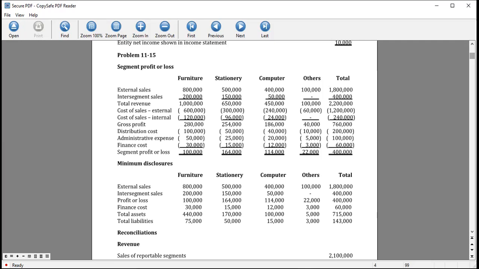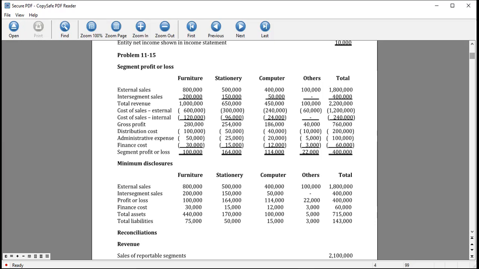Okay, so let's start with requirement number one, the profit or loss for all of the operating segments. So we have now the computation of, first we have the external sales, then we have the inter-segment sales, and we have the total revenue. We deduct cost of sales, both external and internal.